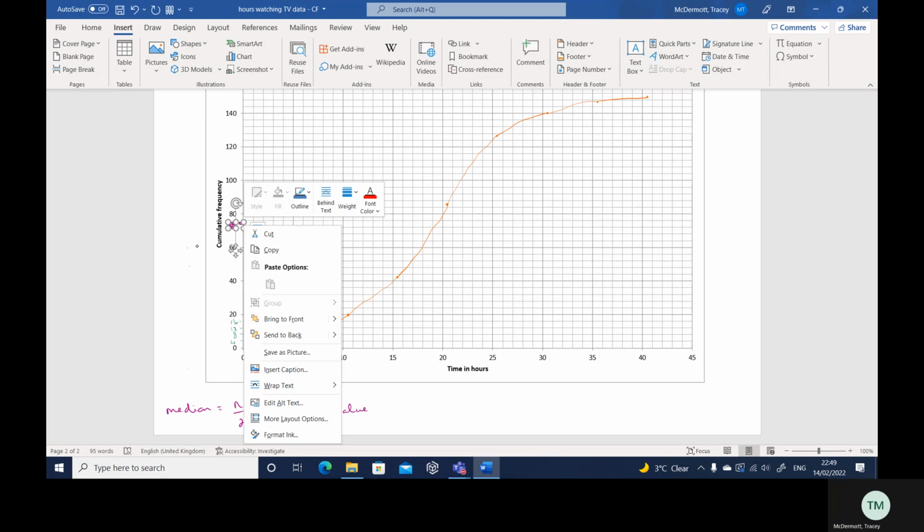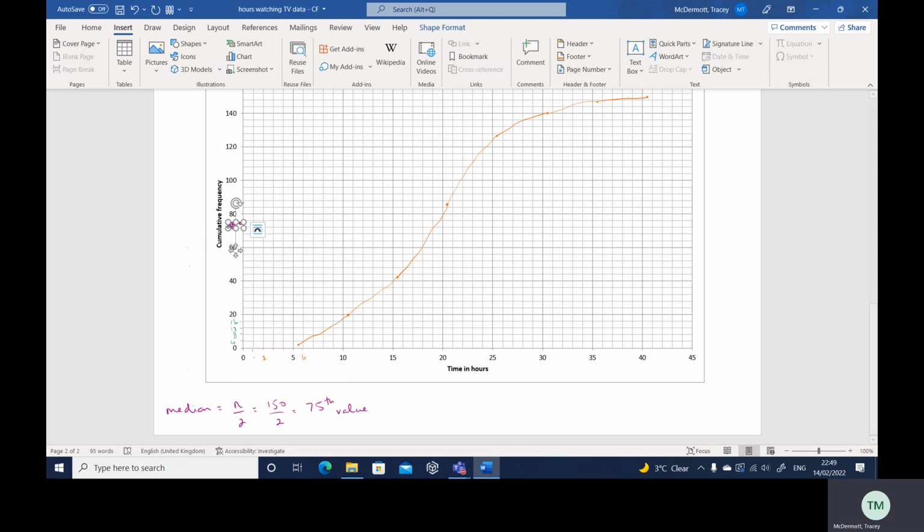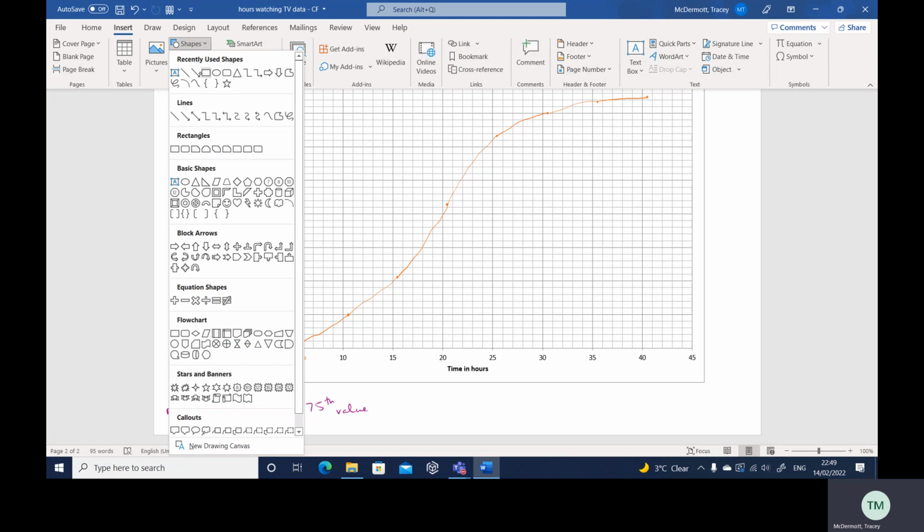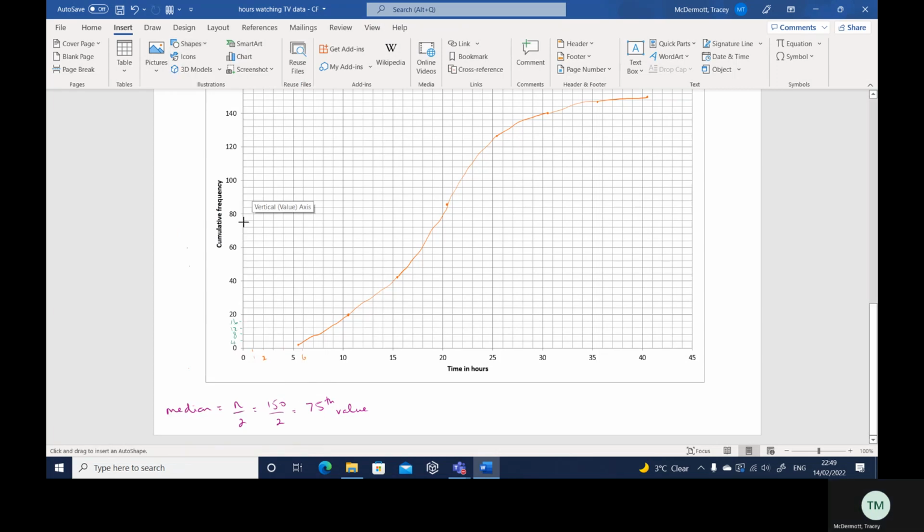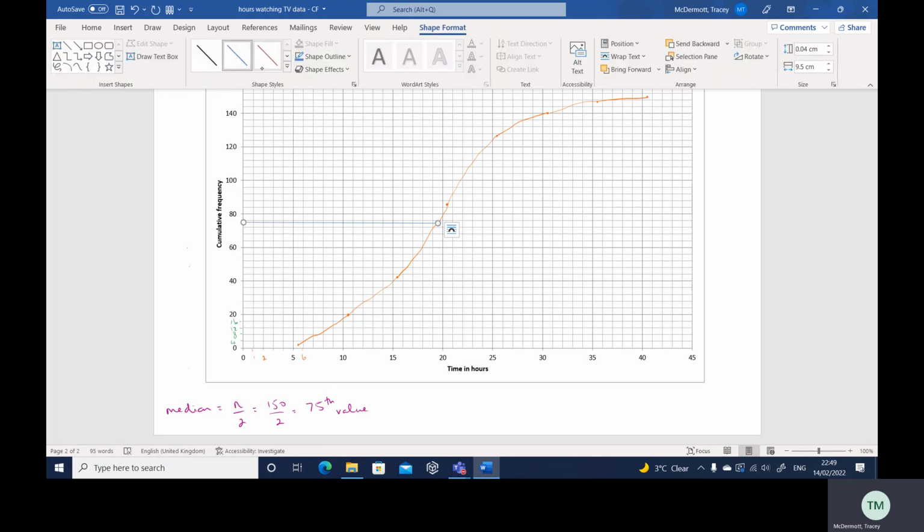I'm just having a wee look to see why it's not working this time. There we go.